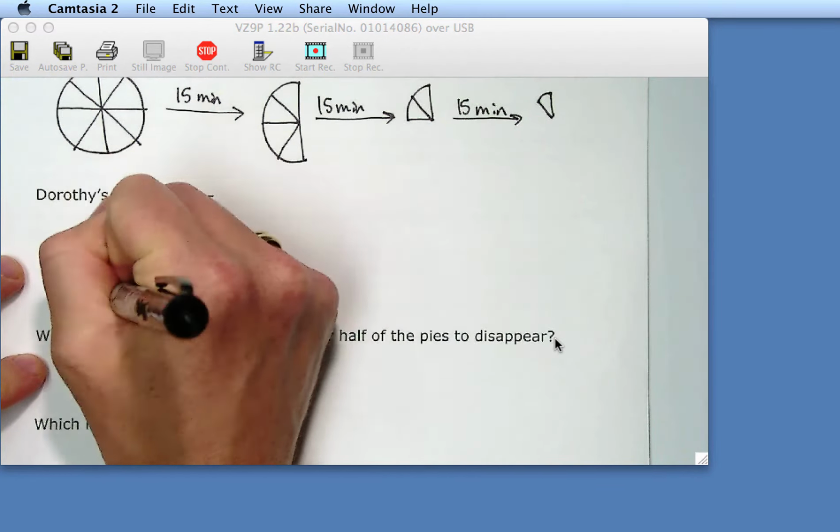Oh, it's different, right? So for the apple pie, the half-life, T1/2, the amount of time required for half the pie to disappear, is 15 minutes.